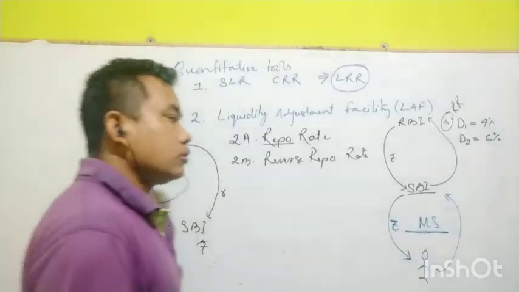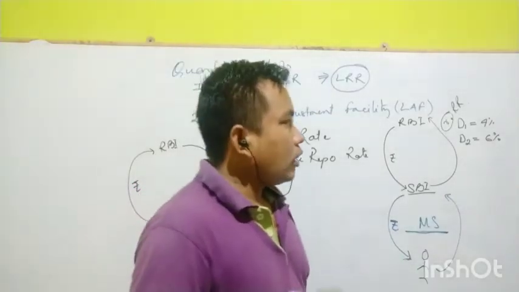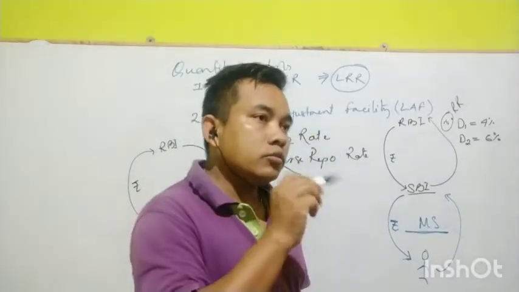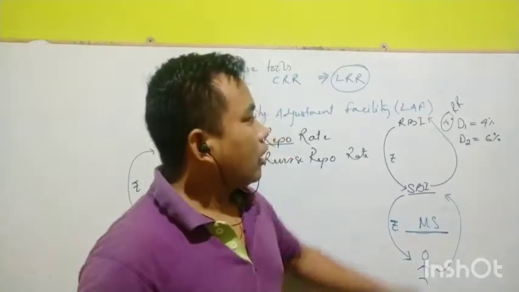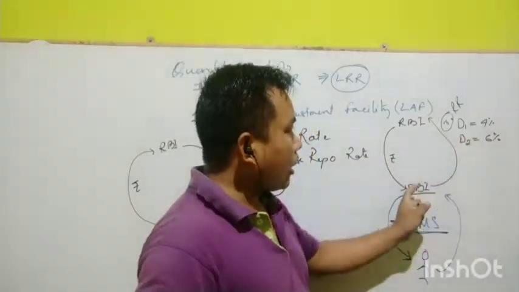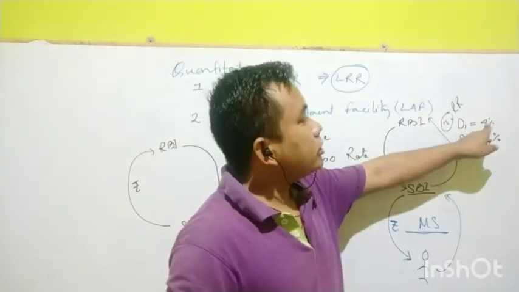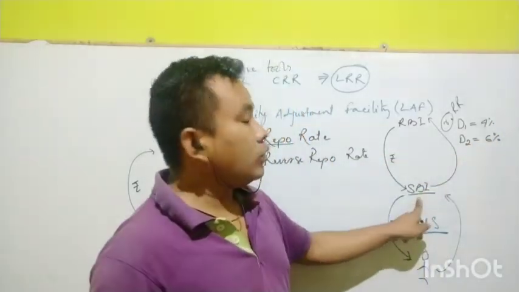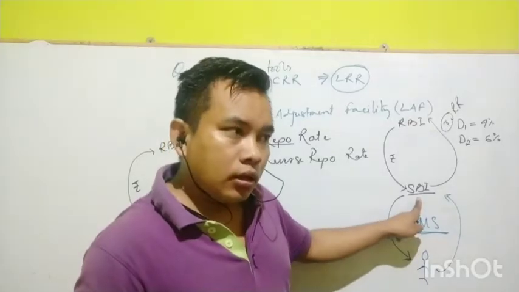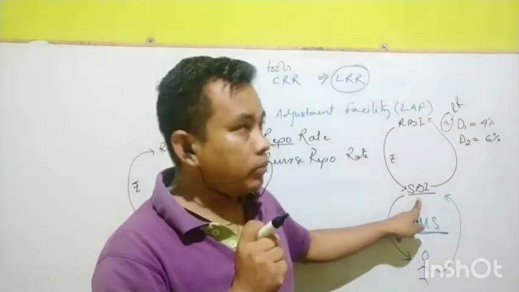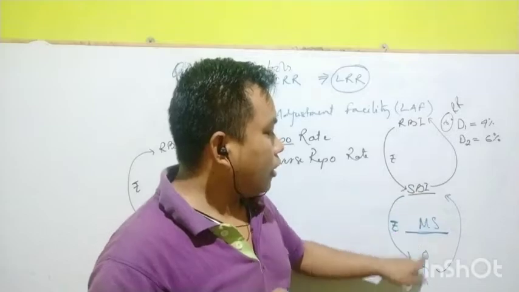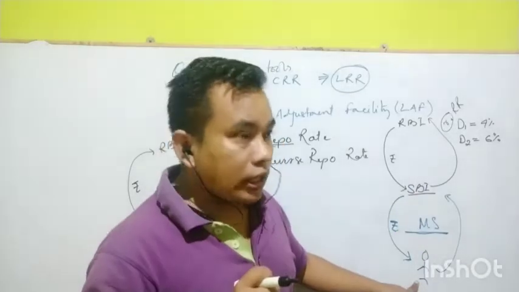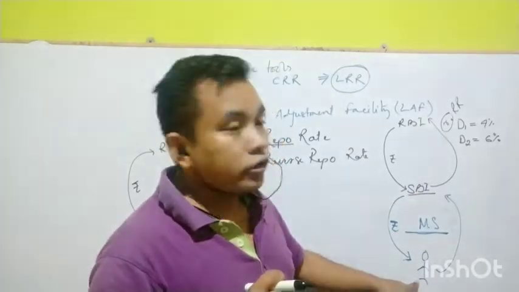Ultimately we come to a conclusion. When the interest rate charged by RBI, that is the repo rate, changes from 4% to 6%, SBI will be discouraged to borrow money and will decrease the amount borrowed from RBI. In the same way, people will also be discouraged to borrow money because of the higher interest rate.